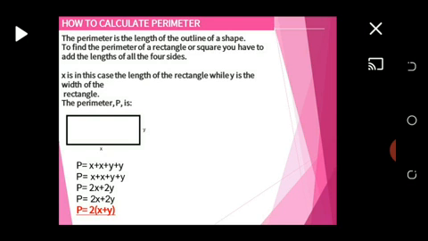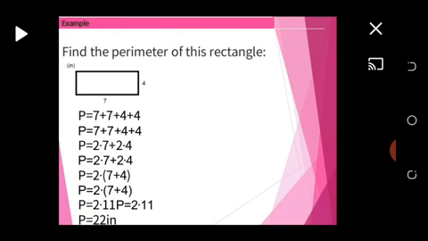That's what I underline and record. I paint this in red. That is the formula for calculating a parameter of a given shape, either regular or irregular shape: P equals 2 open bracket x plus y bracket close. Hope that is very clear now.